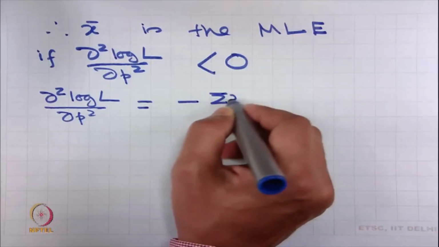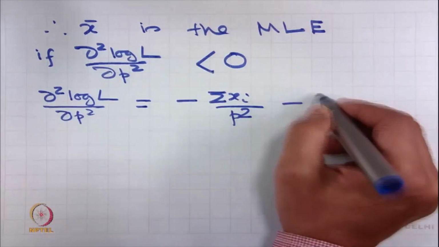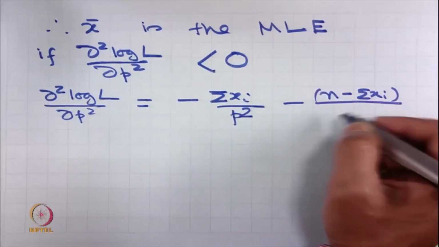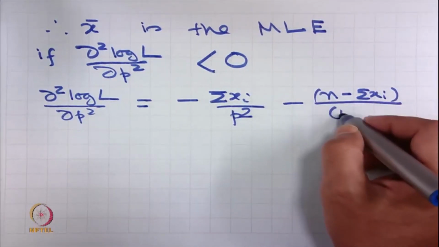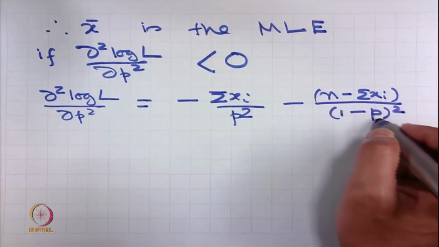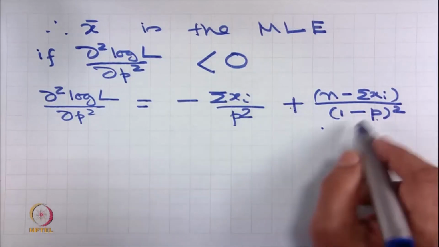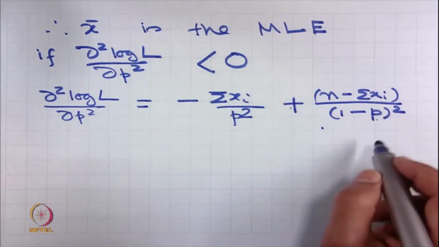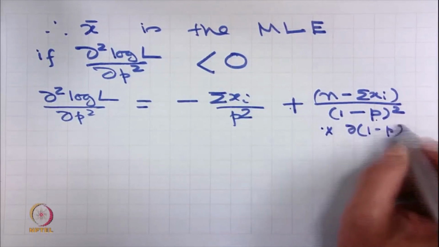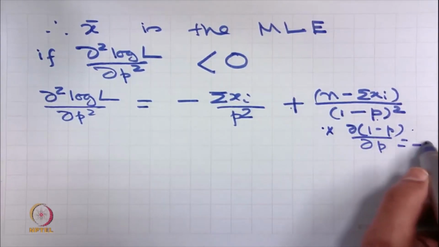Minus sigma xi upon p square minus n minus sigma xi upon 1 minus p whole square. This will be multiplied by minus 1, so that will make it plus 1, because 1 minus p whole to the power minus 1 was there. This multiplied by d of 1 minus p dp, which like in the earlier case is going to be minus 1.